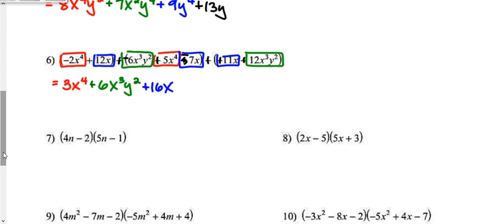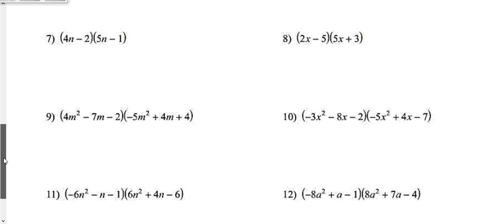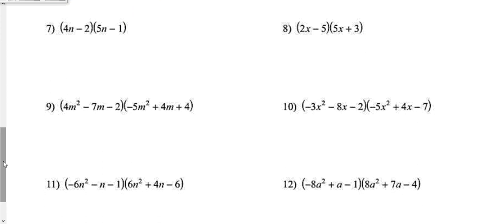Okay, and so now we get into some multiplication. So a couple different ways that you can do multiplication. So if it's a binomial times a binomial, which is what we have here on 7, you can do FOIL. So you can think about doing your first terms, which would be 20n squared.